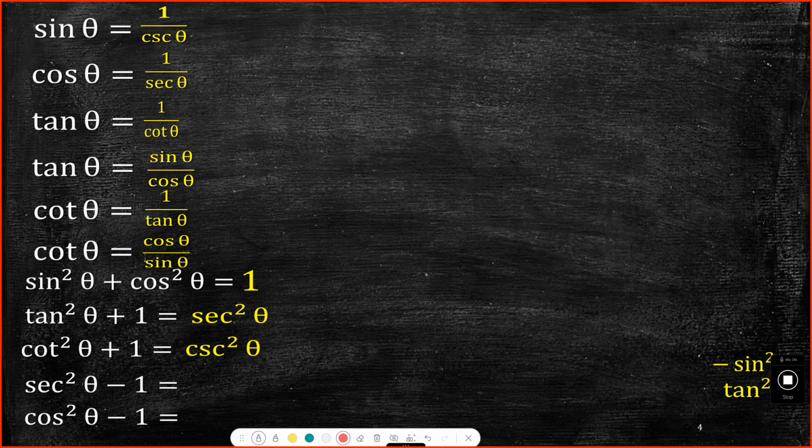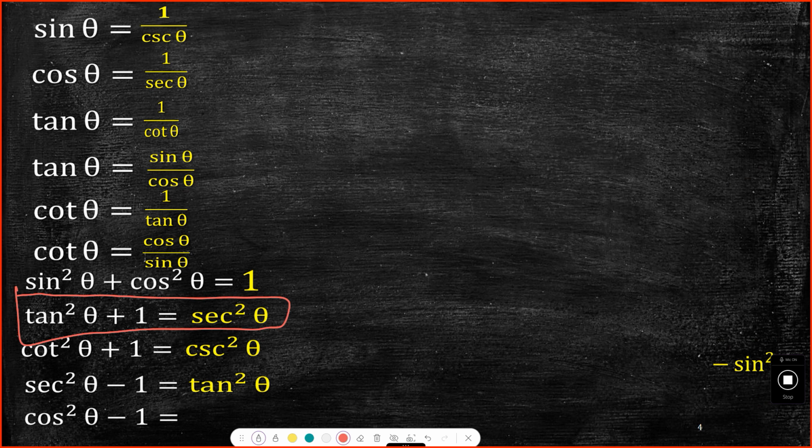Now, these ones here at the end, all we're doing is playing around with what we already have. Like secant squared theta minus 1 is this one here. So all we're doing is moving the 1 to the other side, so it has to be equal to tangent squared theta. And the last one, it's just mainly moving it around.